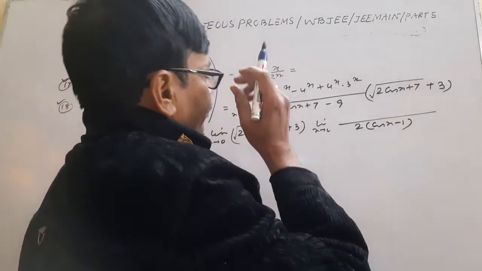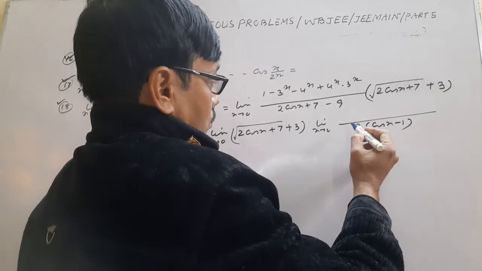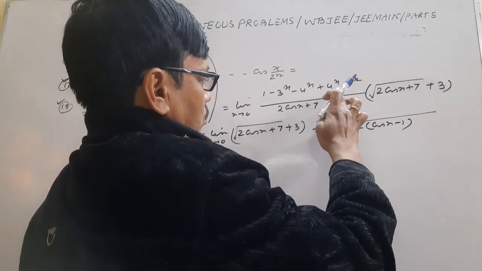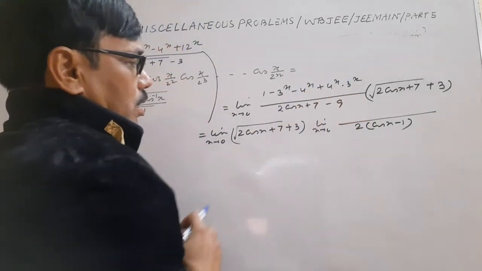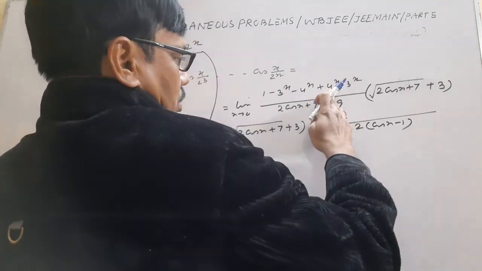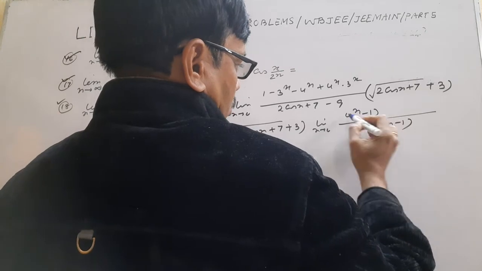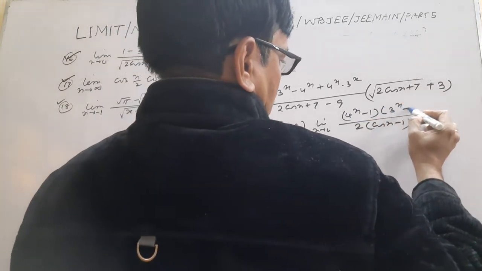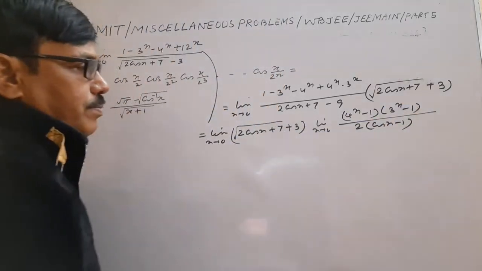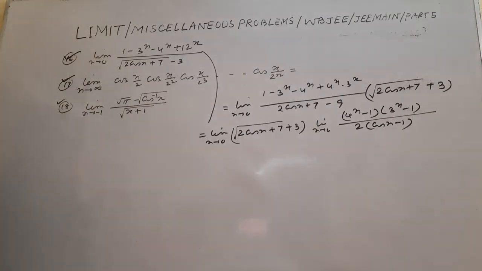And this is 4 to the power x common. So 3 to the power x minus 1. So 4 to the power x minus 1, 3 to the power x minus 1. This one.